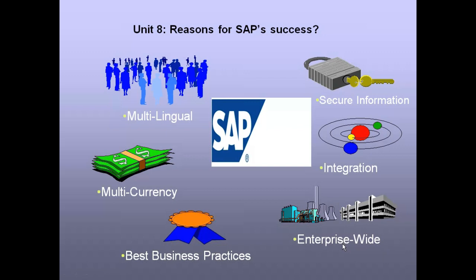Then there is something called best business practices. Let's say you are implementing SAP for a banking company, ICICI. See, in banking, you have different MNCs, local companies, etc. State Bank of India, ICICI Bank, Citibank, Standard Chartered Bank, whatever banks.